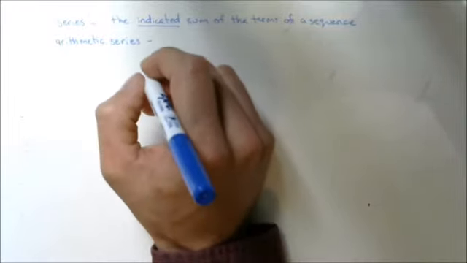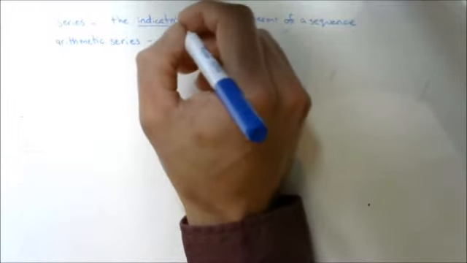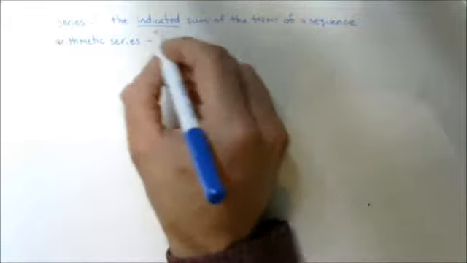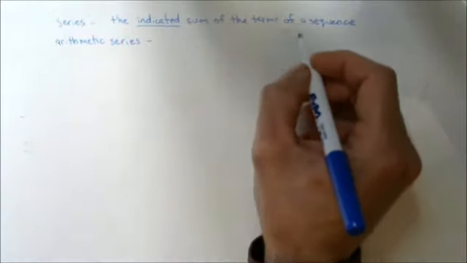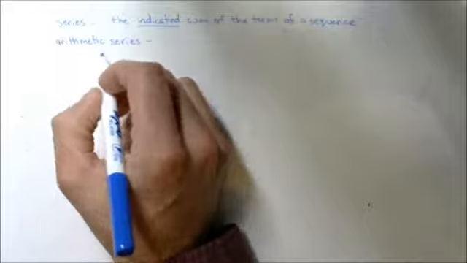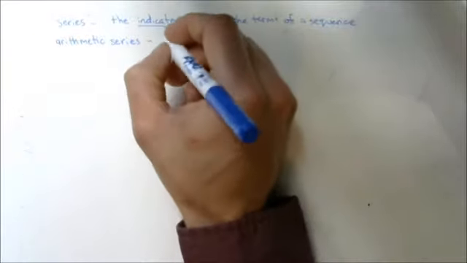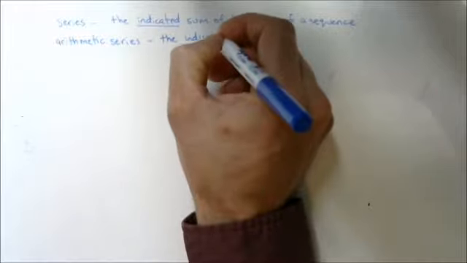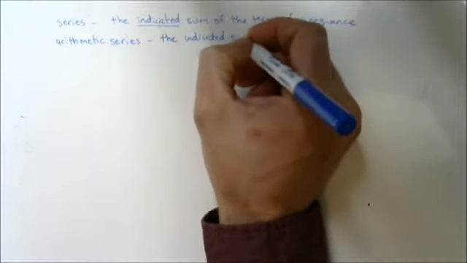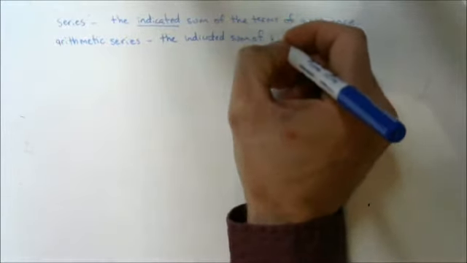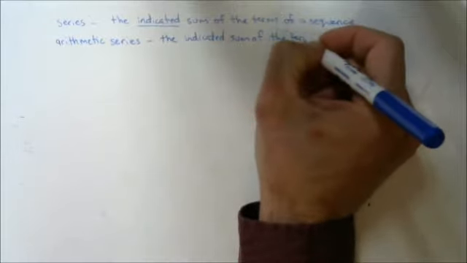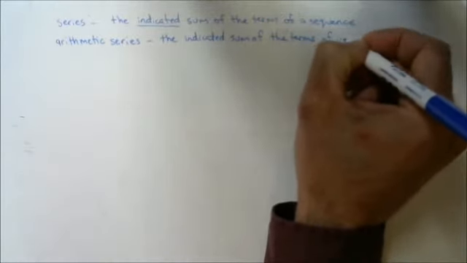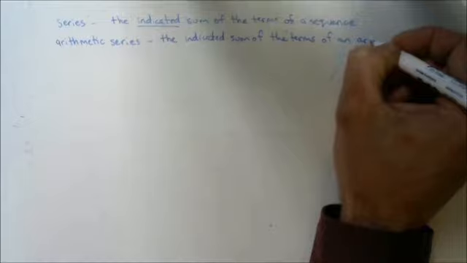So this is the same as above, the indicated sum of the terms of an arithmetic sequence. We'll write it. The indicated sum of the terms of an arithmetic sequence.